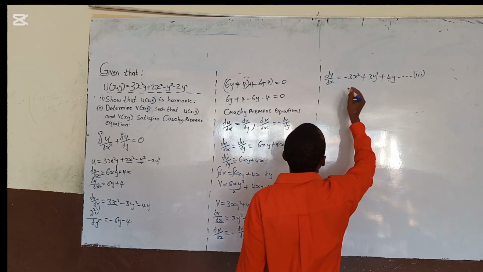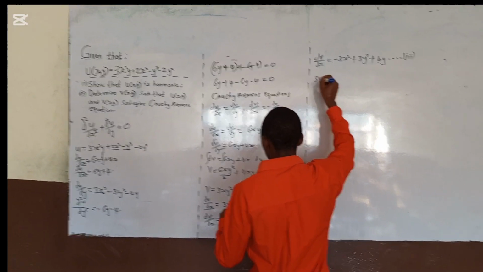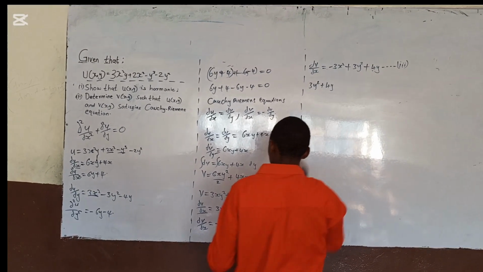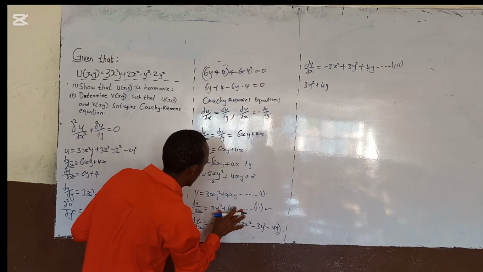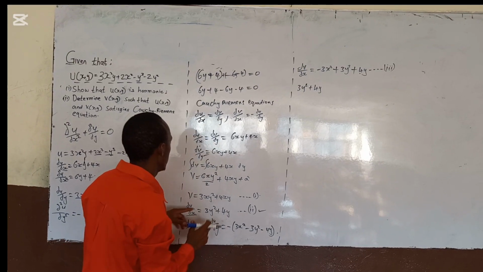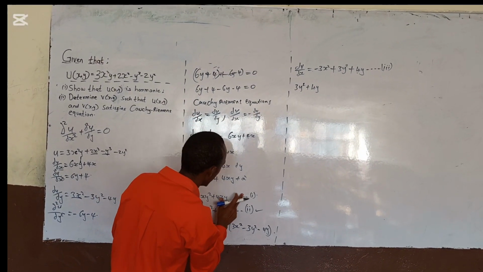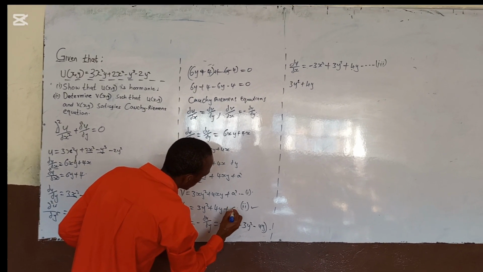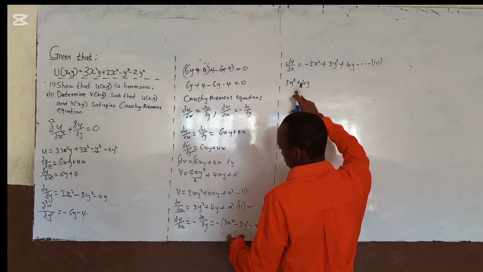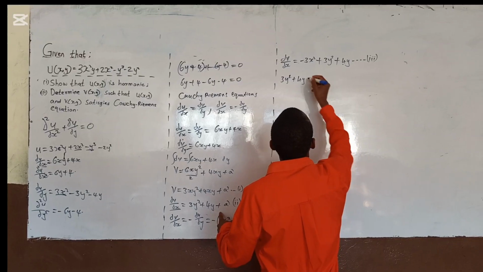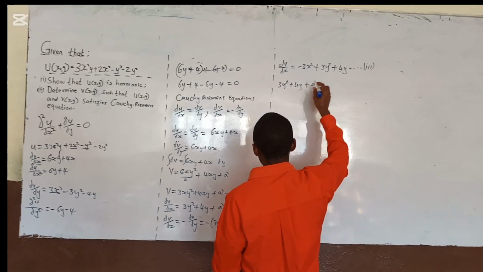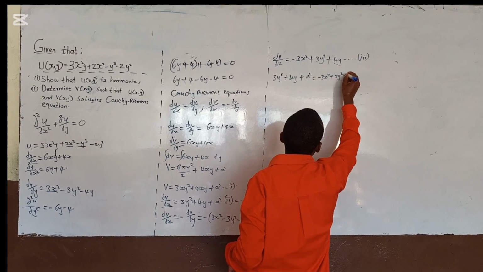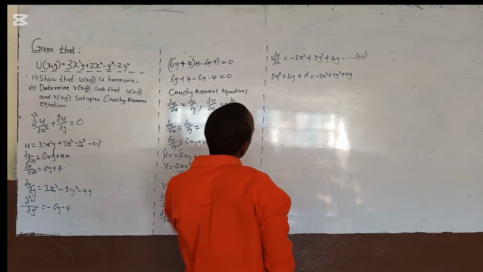So we say 3y squared plus 4y plus the derivative of the function is equal to negative 3x squared plus 3y squared plus 4y. They must be equal.